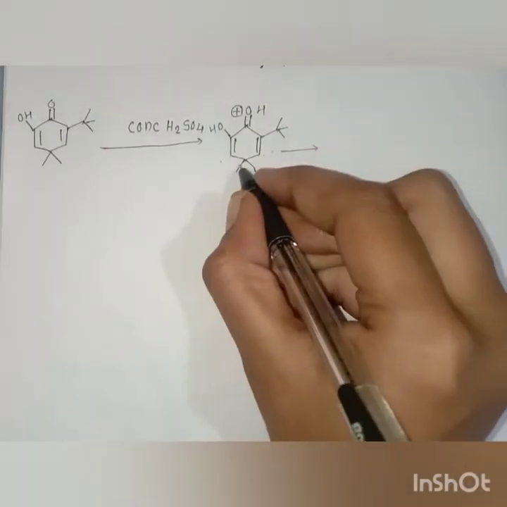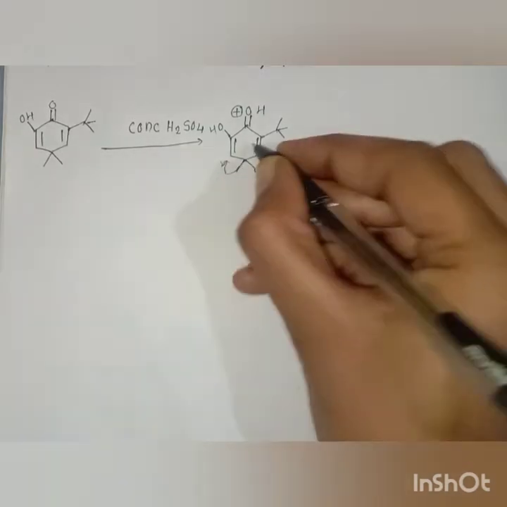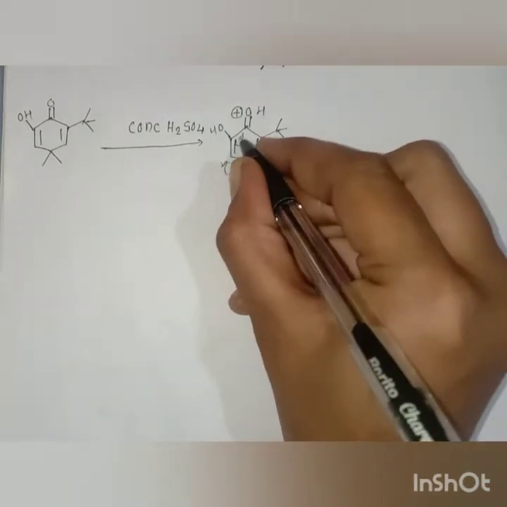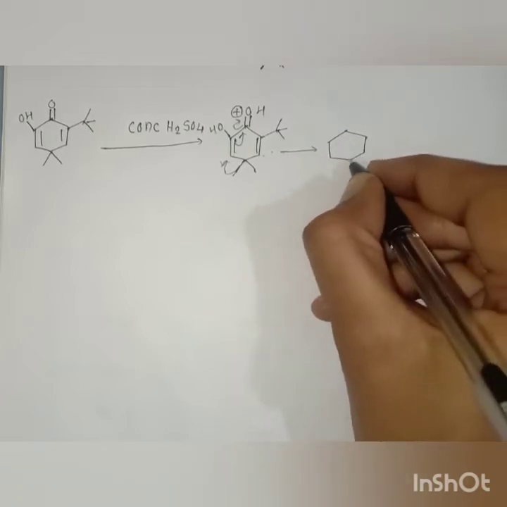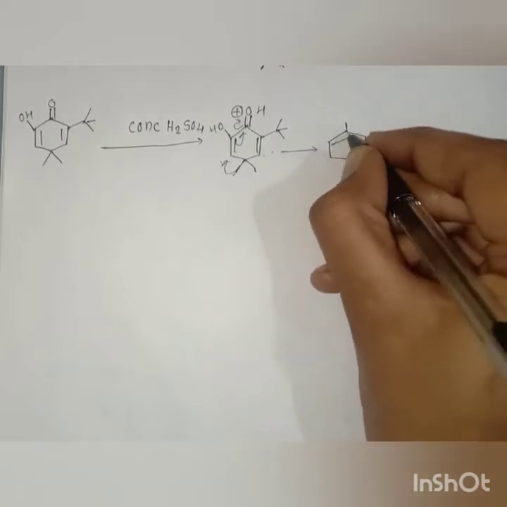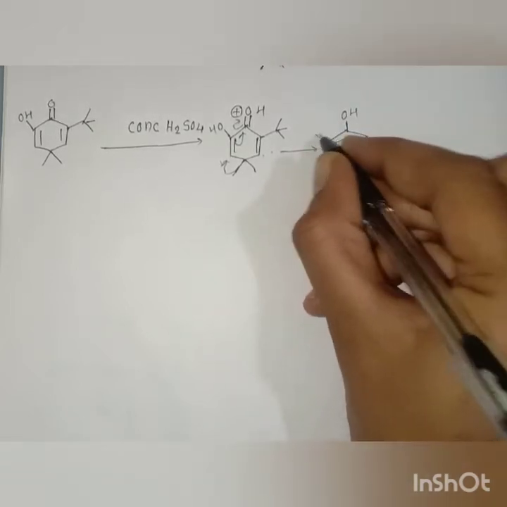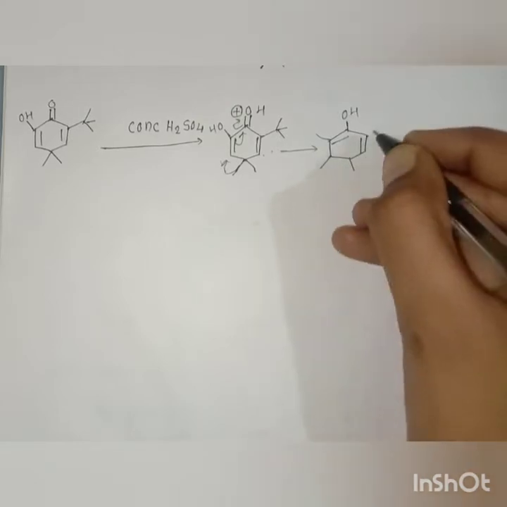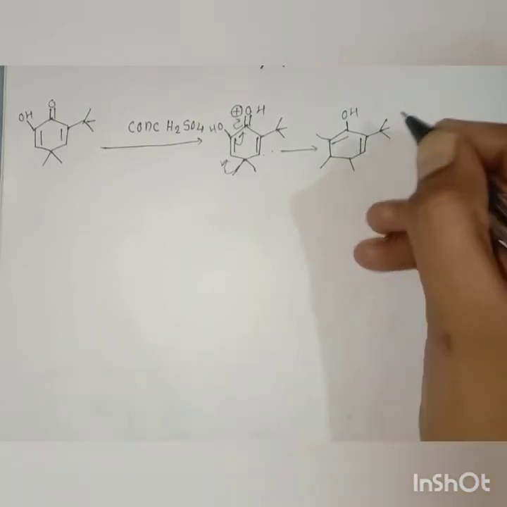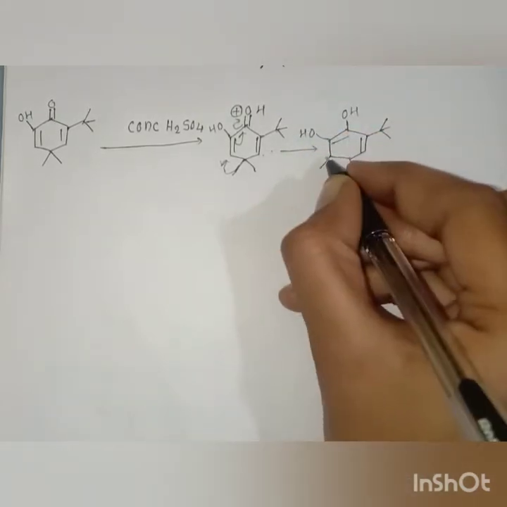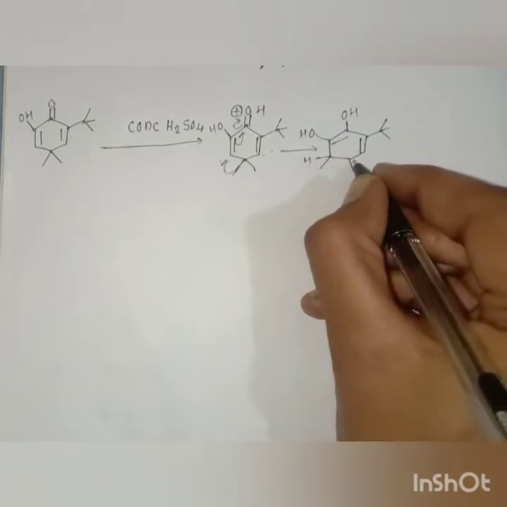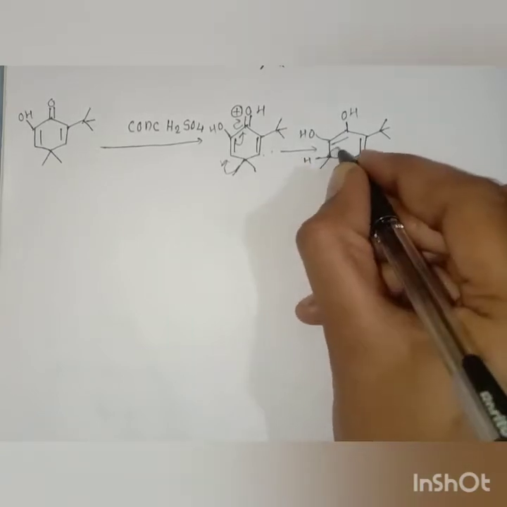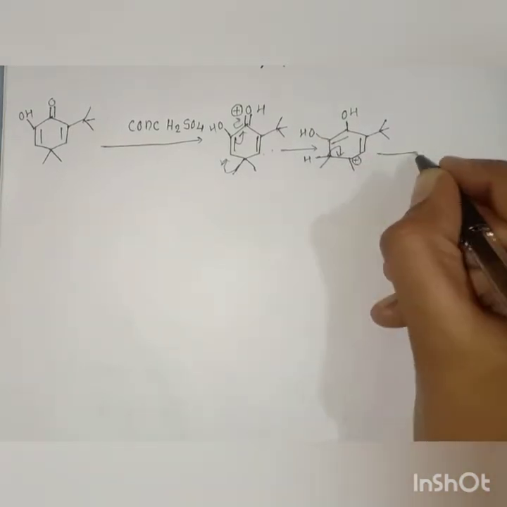So it will migrate on this side, and we get the carbocation formation.